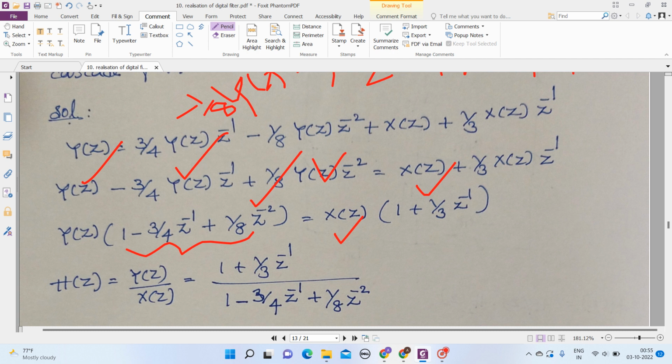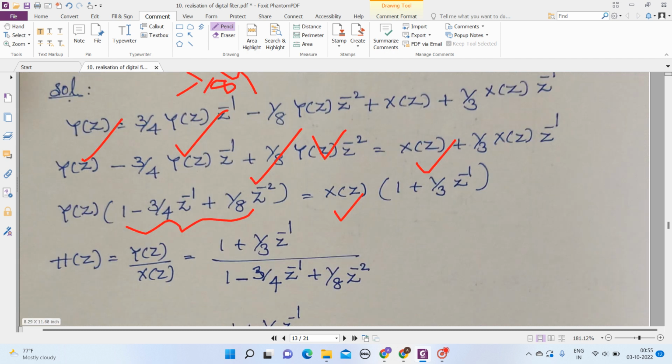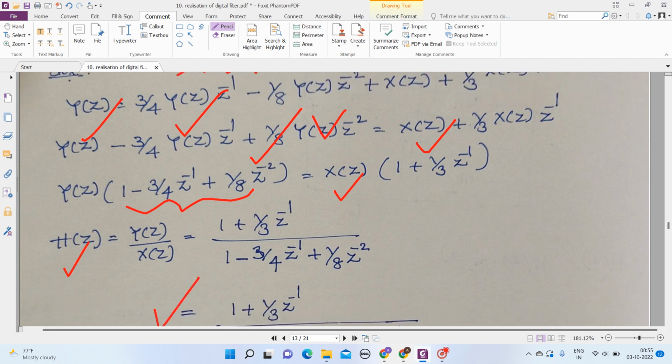Thereafter you have to write the transfer function h of z is equal to y of z divided by x of z. You have to arrange the equation like this. If you multiply, y of z should be multiplied with this equation and x of z with this equation, and you will get the above equation again.